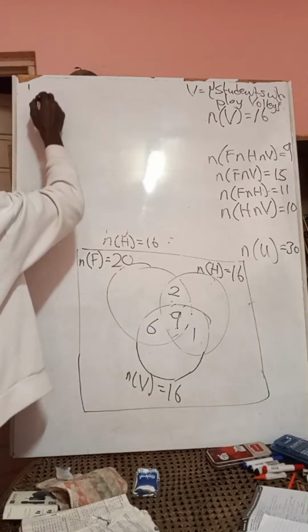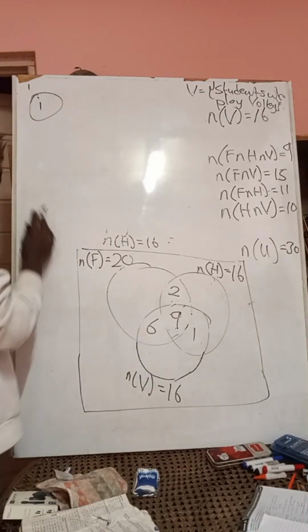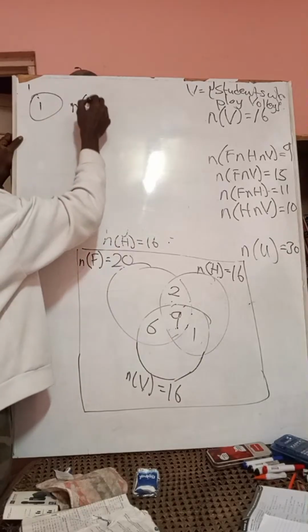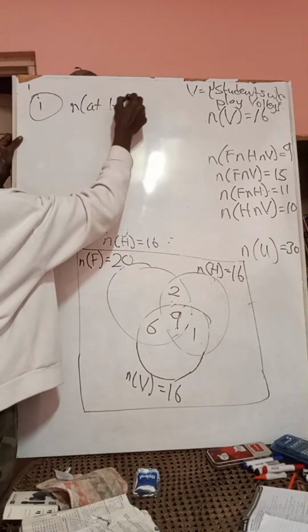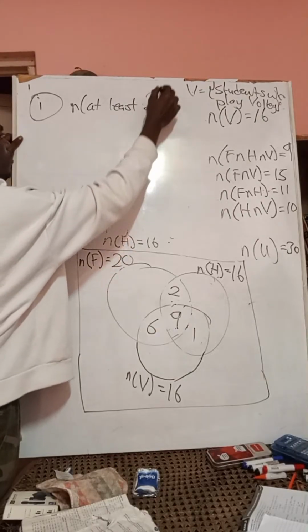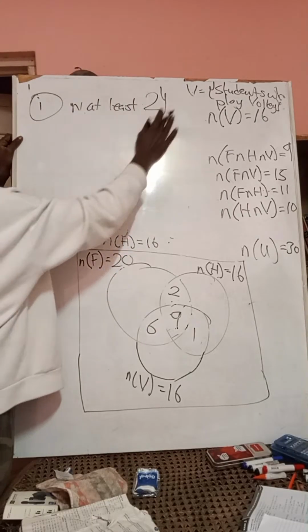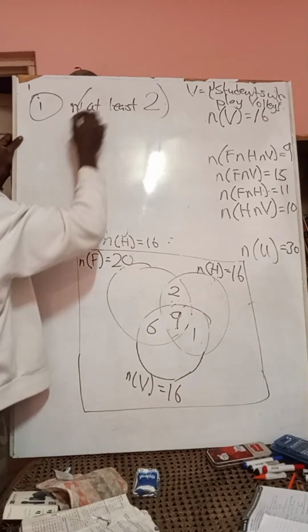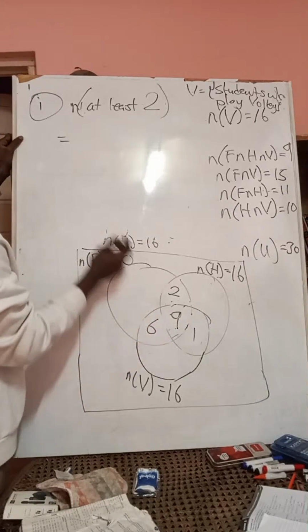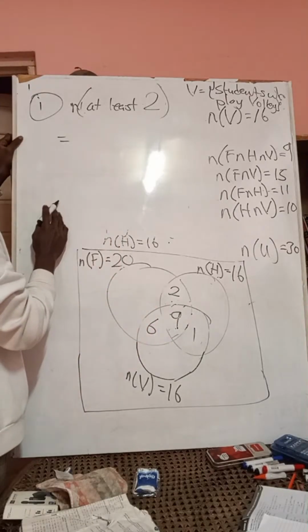Number of at least 2 is equal to, you can go straight to the point.